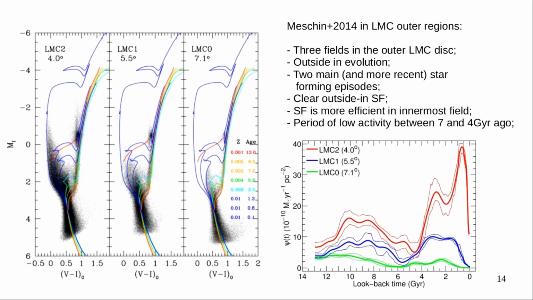A clear outside-in star formation can be seen in this plot, and a quiescent period between 7 and 4 gigayears ago can be seen in the results, and the star formation is more efficient in the inner regions than in the outer regions.